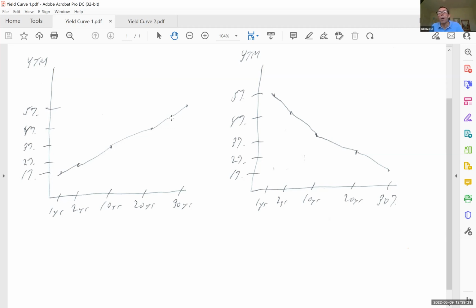If you want to learn more about it, read more in your textbook, because it does go into greater detail. But I want you to understand those three theories and how they are different from each other, and what each one is saying about investors and what investors think is going to be happening in the future, particularly for numbers 1 and 2, and what's going on with supply and demand for number 3.